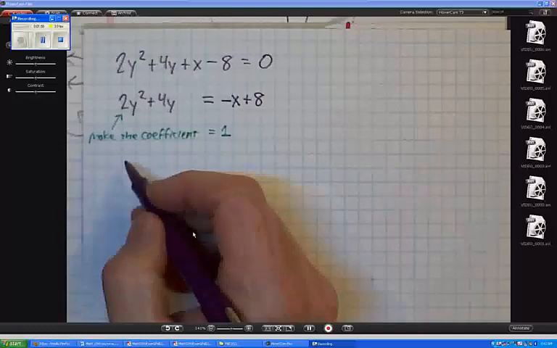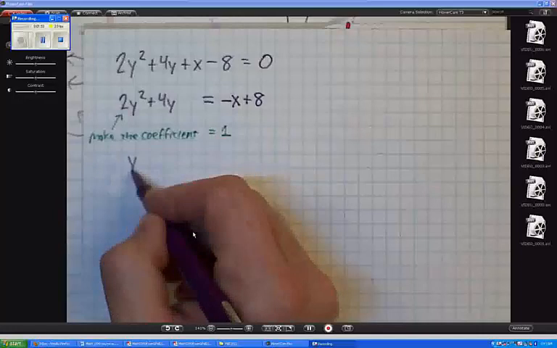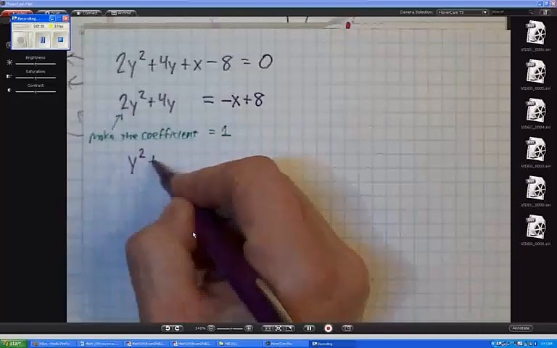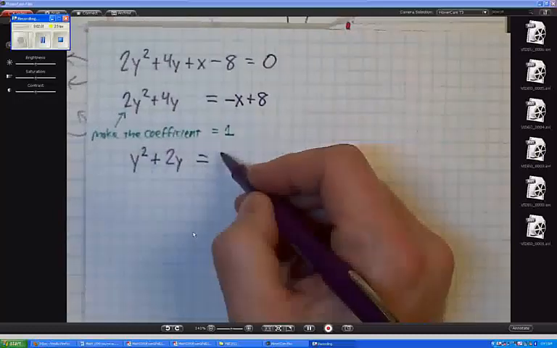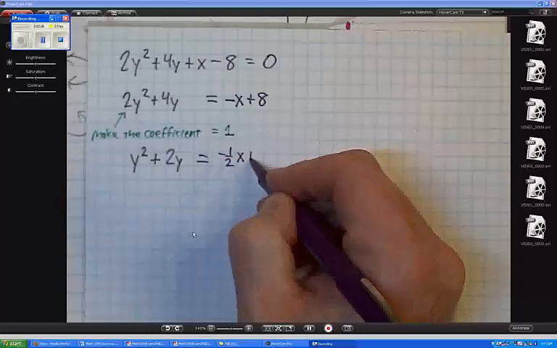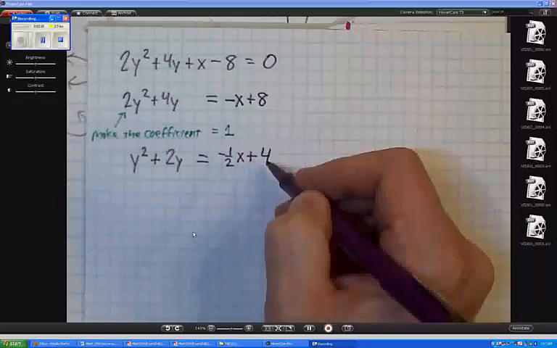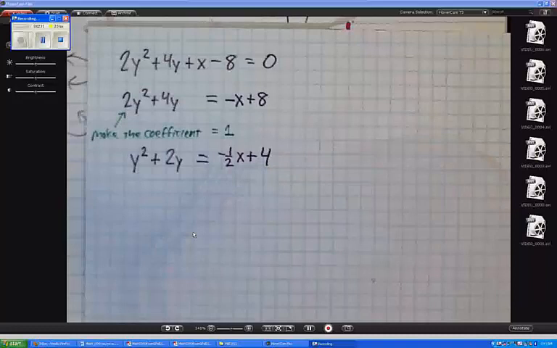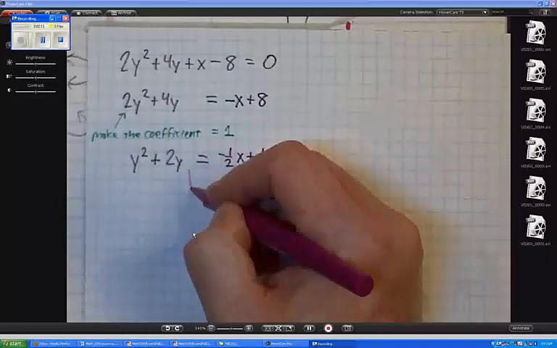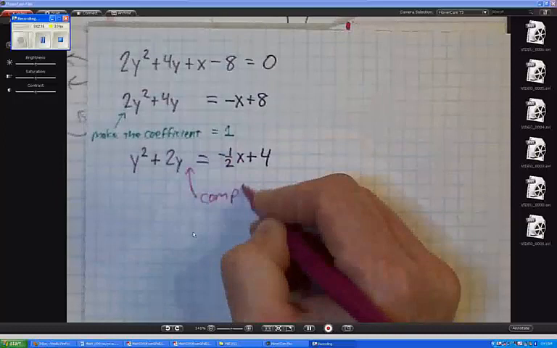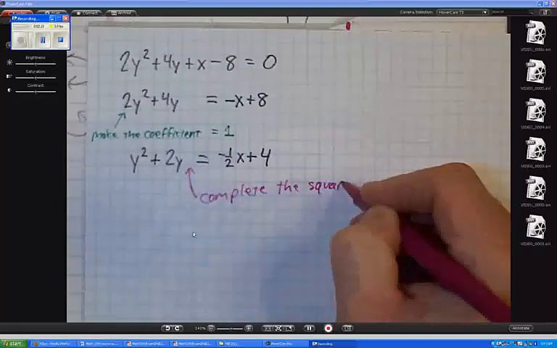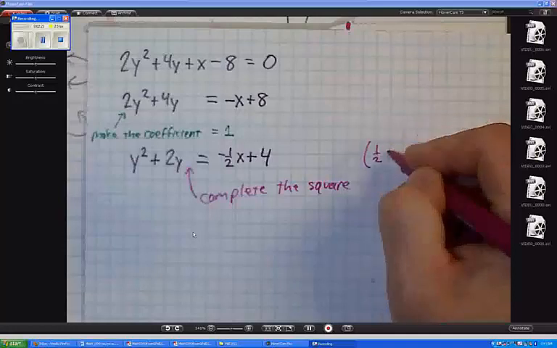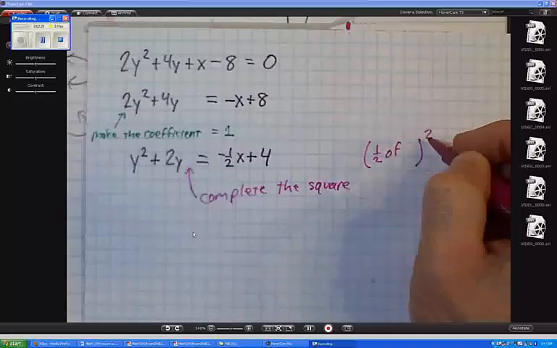Well, I get y squared plus 2y equals, what's over here now? Negative 1/2 x plus 4. Oh, and I should have made room right here, right? Because here is where I need to complete the square. How do I do that? Half of what squared? Right. This one's a simple example.